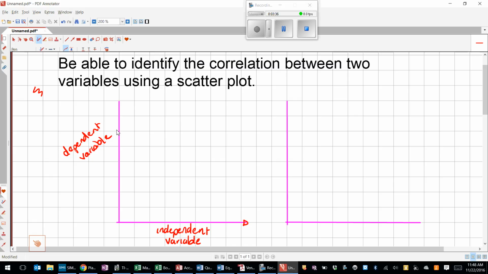Another example is the time you spend studying and your quiz score. What do you think happens? If you study for longer, your quiz score will be better and higher. Yes, exactly. So the dependent one is the quiz score. The more you study, the better you should do. Is that certain?